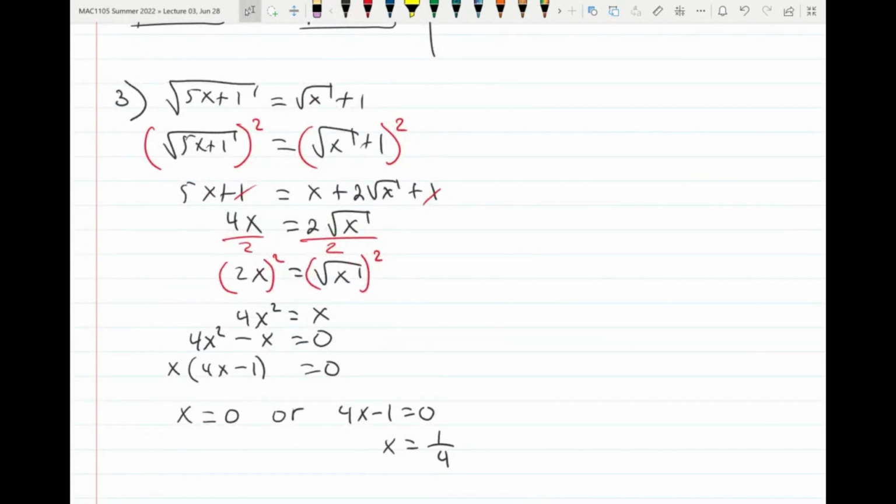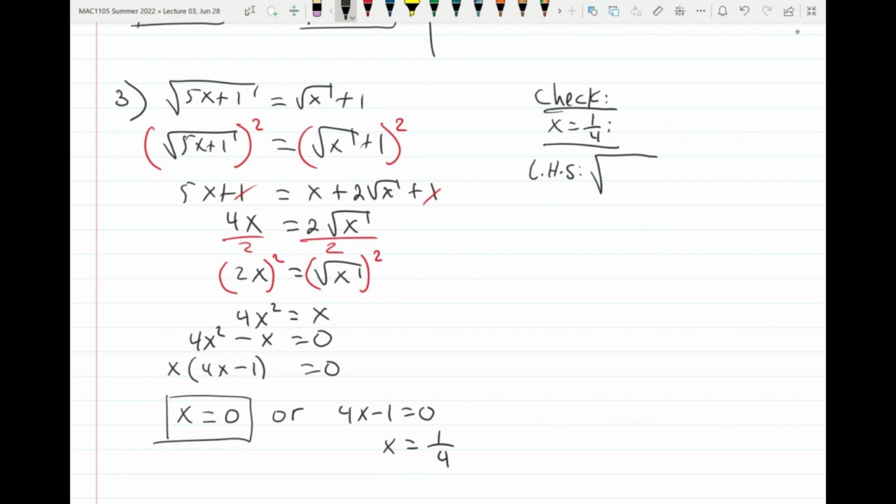So let's see, if we put 0 in here, then certainly the left-hand side is going to be 1, and the right-hand side is 1. So 0 works, okay? So that one is fine. Now let's go ahead and check a quarter, just in case. So I'm going to check x equals 1 over 4. On the left-hand side, let's plug in.